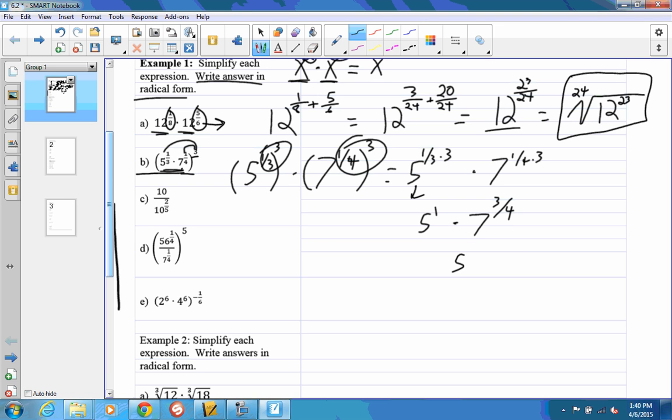Now I'm going to go ahead and change this 7 to the 3/4 to a radical, because those are my instructions. Can't tell you how many points we're missing on the test from just not following instructions. What kind of root is it? The 4th root, denominator is 4, raised to the 3rd. That's your answer.